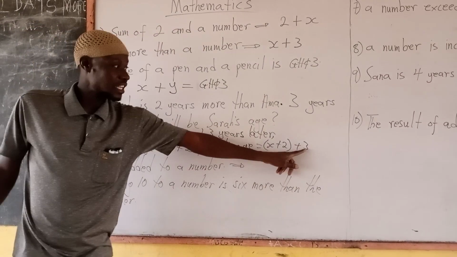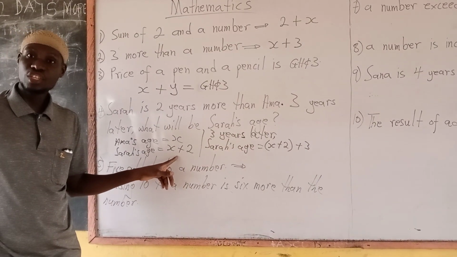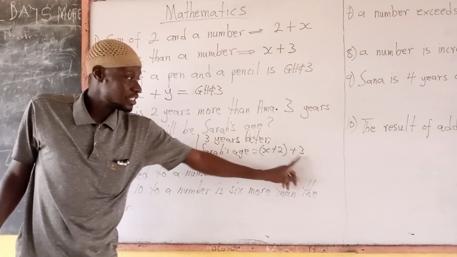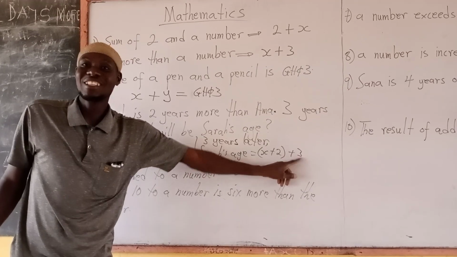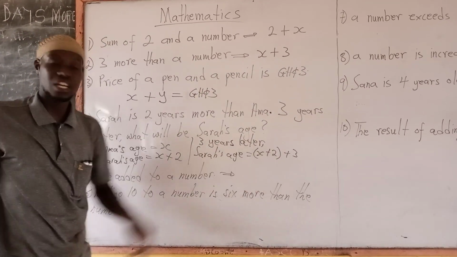This is how we express it: adding 3 to the present age of Sarah, which is x plus 2.